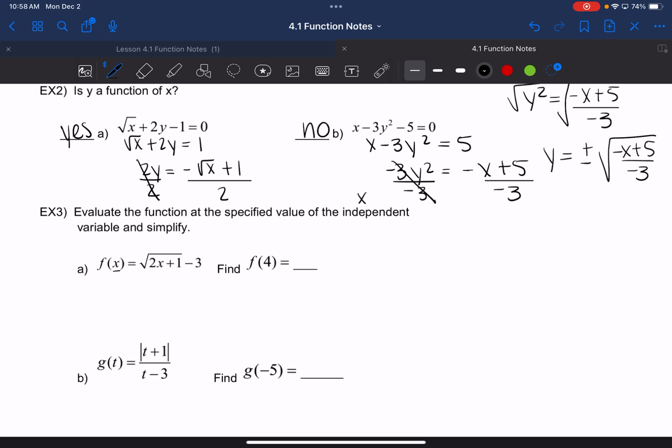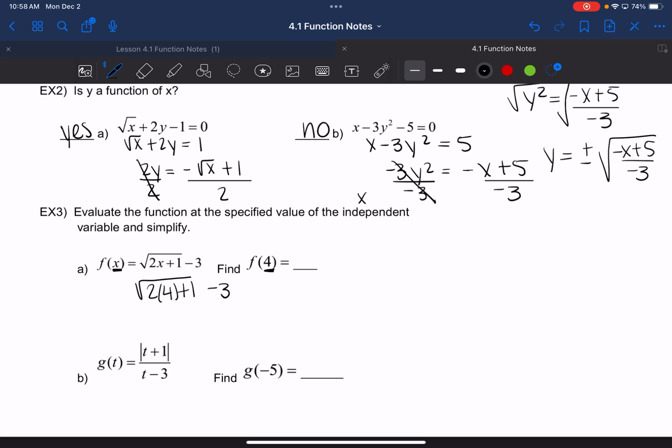So normally the letter x is in there, right? But they replaced x with 4. So what do we need to do? Right. So I would have the square root of 2 times 4 plus 1, and then a minus 3 after that, right?